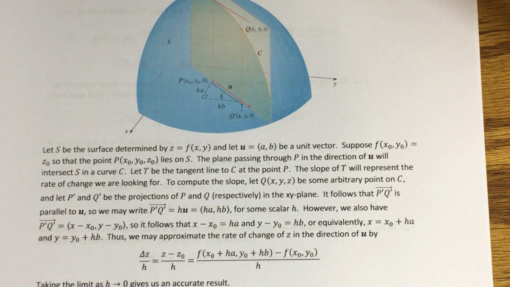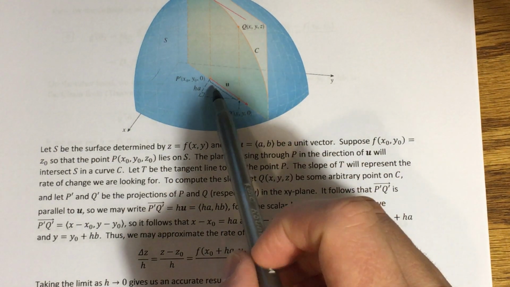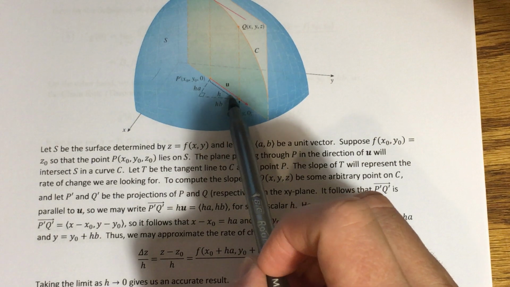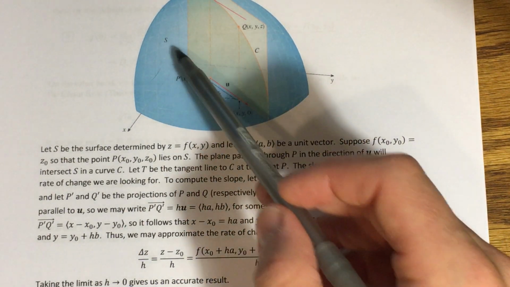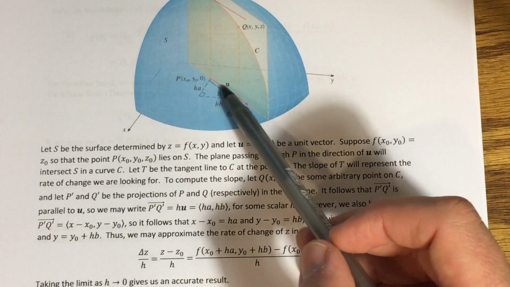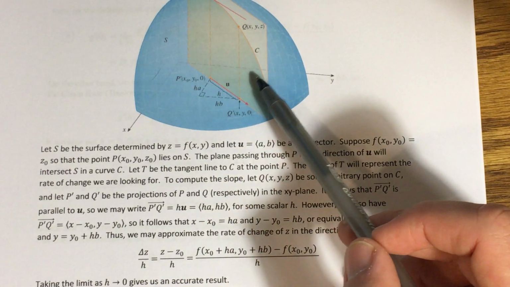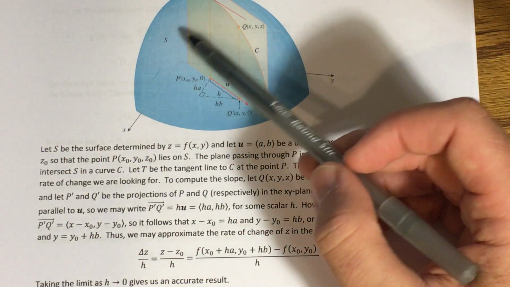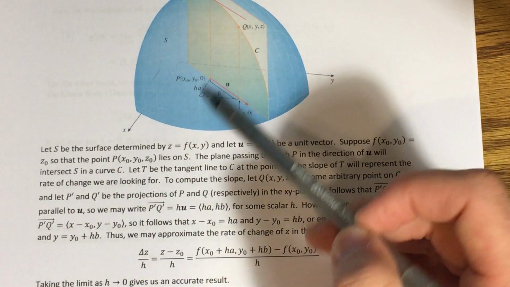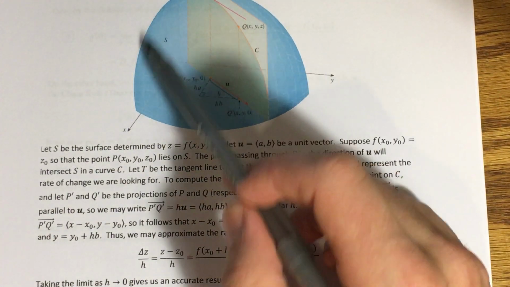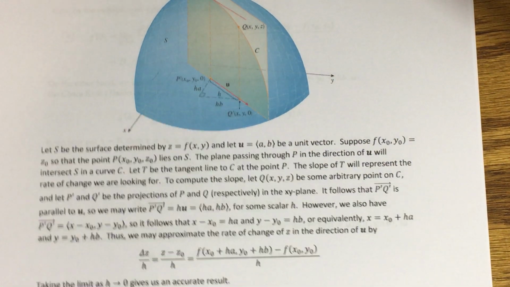Now, in order to establish that rate of change, notice first of all that this unit vector u has a vertical plane that passes through it, or that vector u determines the direction of a particular plane that will slice through our surface S and contain the point P. So there's a unique plane that's going to intersect our surface S, pass through the point P and have the direction given by u.